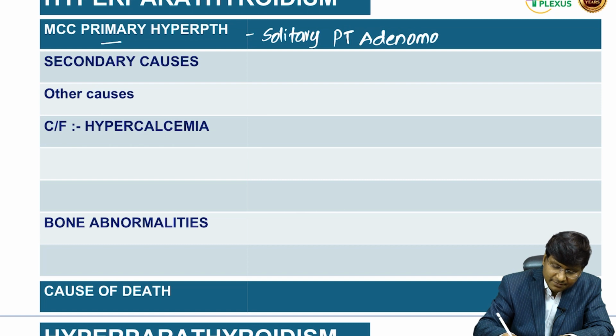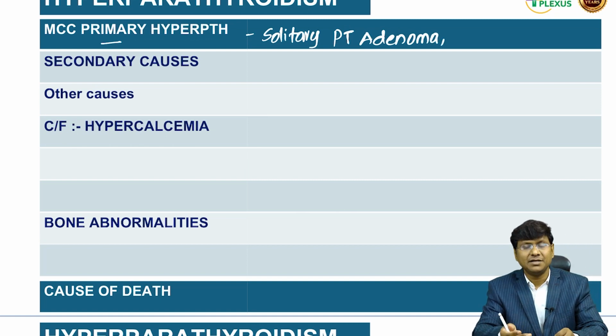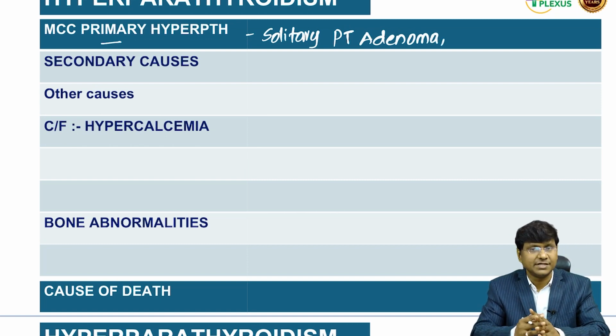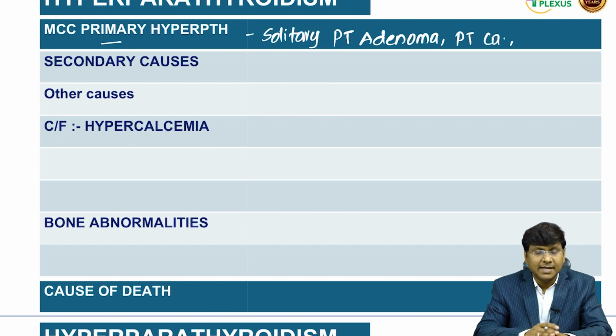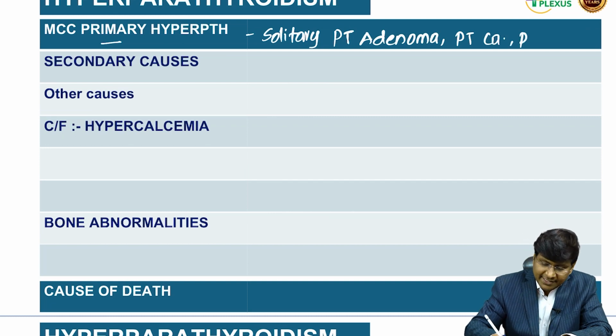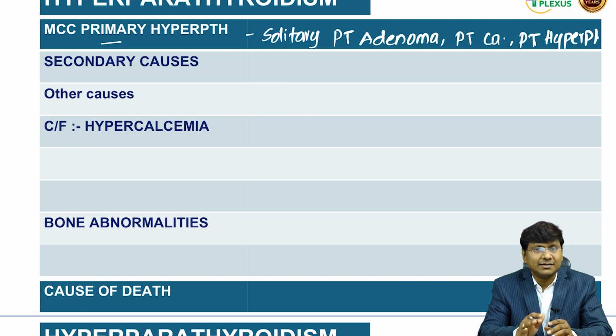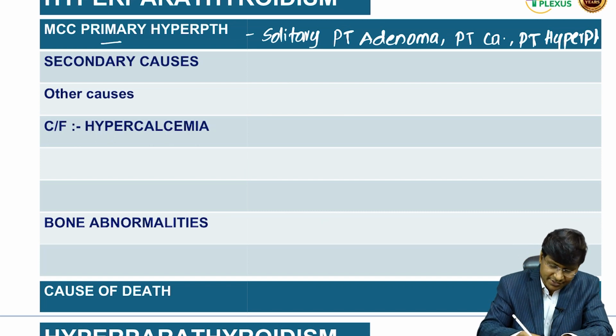Now, apart from the solitary parathyroid adenoma, what are the other etiologies that cause primary hyperparathyroidism? That includes parathyroid carcinoma and parathyroid hyperplasia. Okay, so these are the causes for primary hyperparathyroidism.